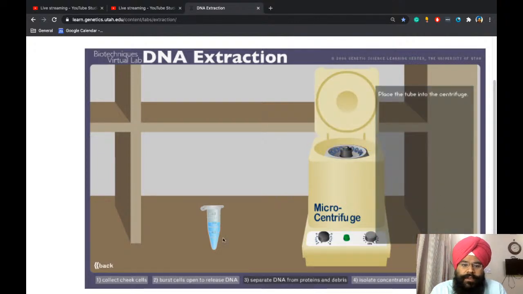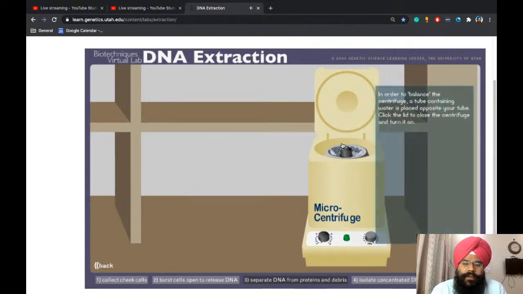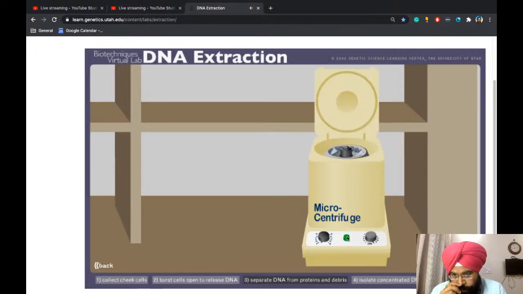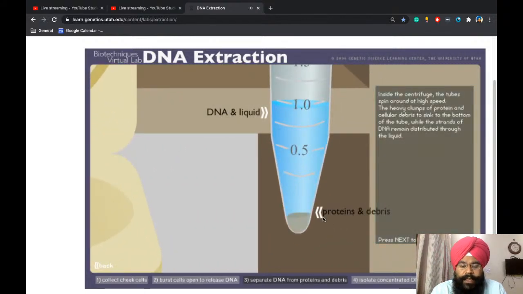Then we'll place these tubes into the centrifuge. In order to balance it, we will add another Eppendorf on the other side of equal volume, so that balance is maintained. We will close the lid and turn it on. Once it is done, we will see protein and debris at the bottom and the DNA liquid up above.